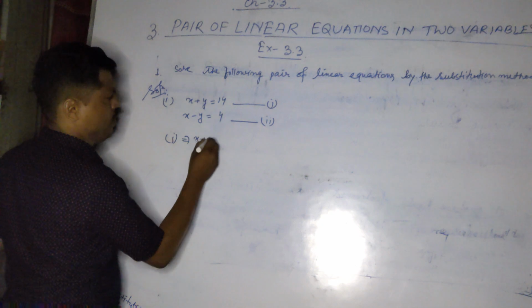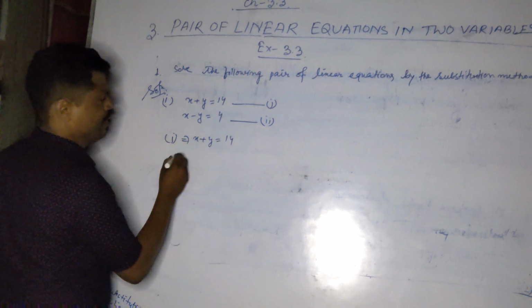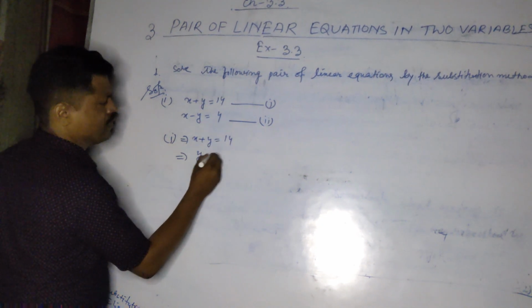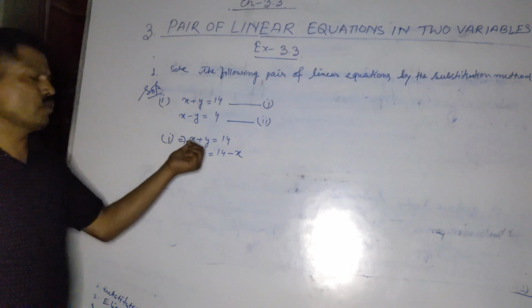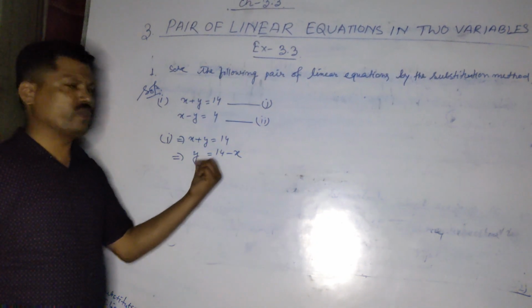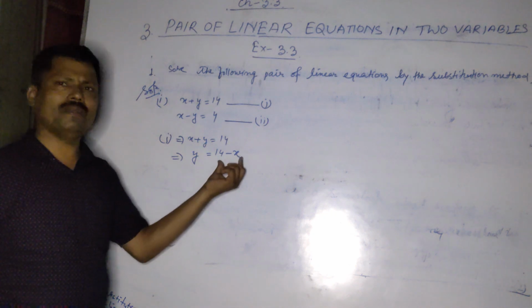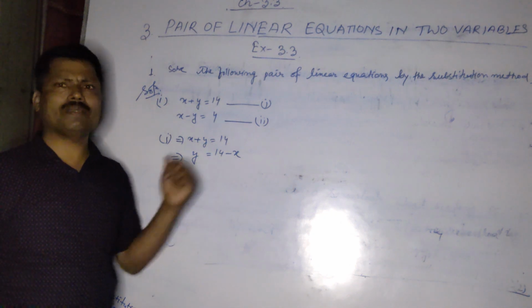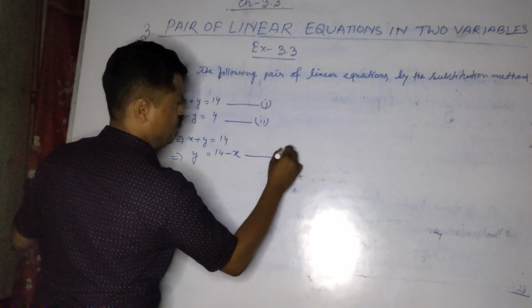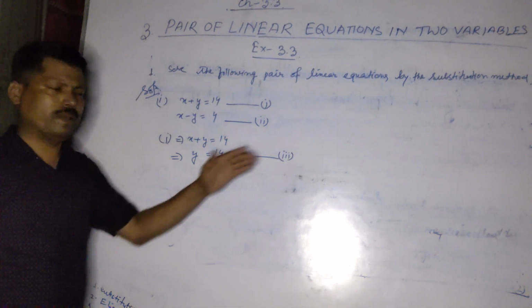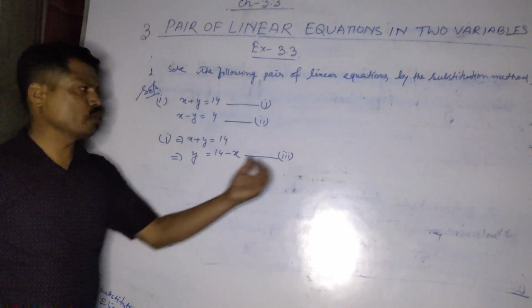So x plus y is equal to 14. Then y is equal to what? 14 minus x. x is positive on the left hand side. If we transfer to the right hand side, then it will be negative. So 14 minus x. So keep it as number 3 equation.